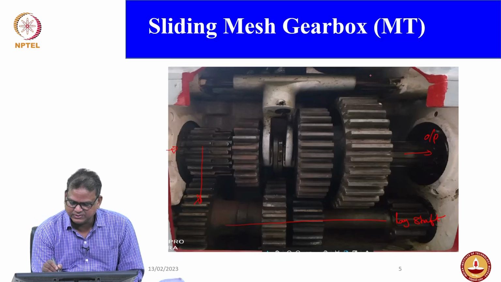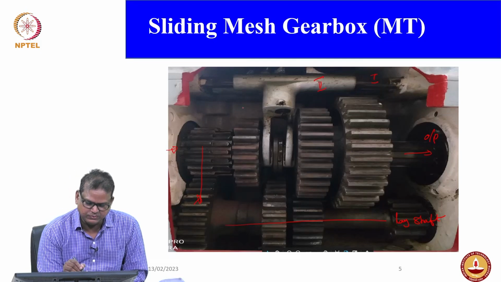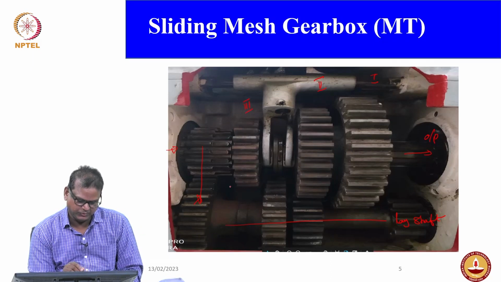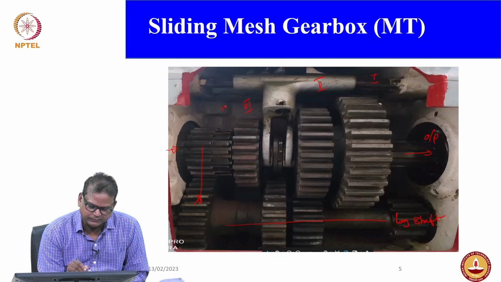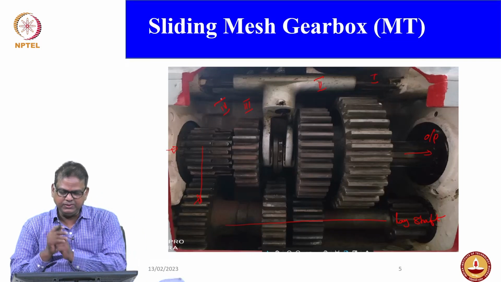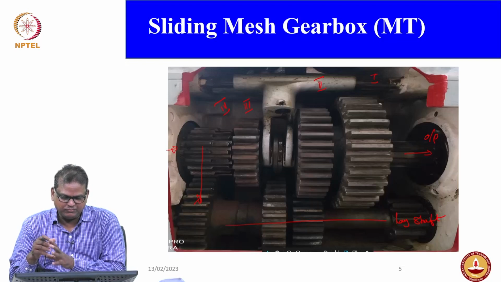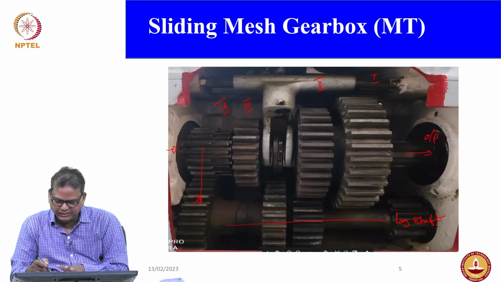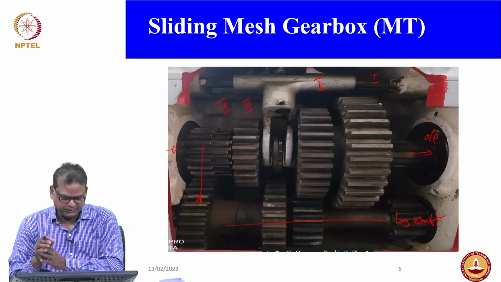You can see this is the first gear, second gear, and this is your third gear, and one more joint is given, that is usually used for fourth gear. Also, we are not showing the reverse gear, it is not visible here, so we will ignore it.